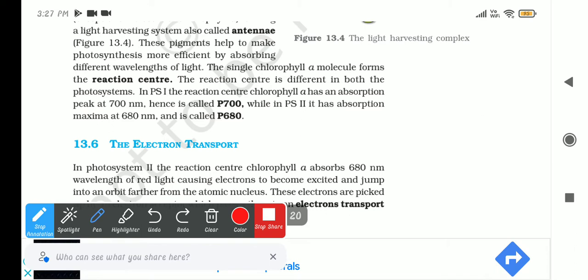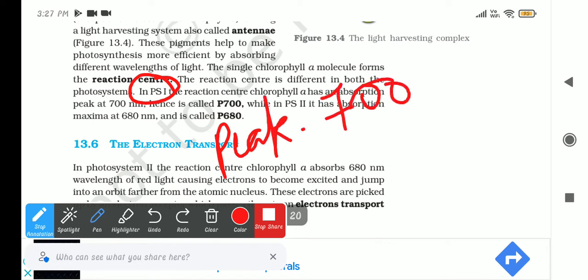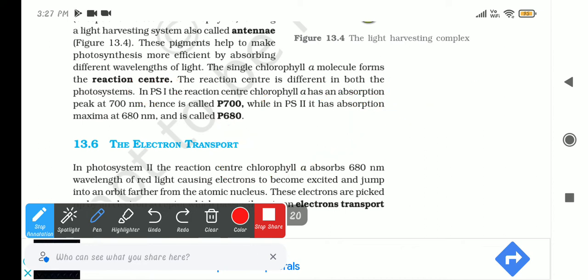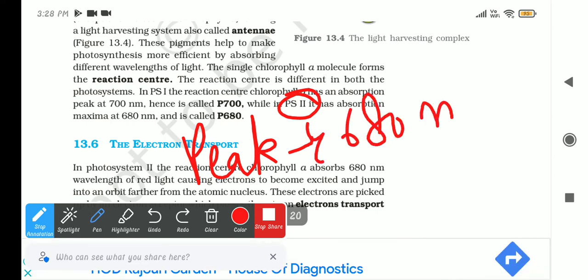The first photosystem, PS1, which acts later after PS2, has an absorption peak of 700 nanometers, and PS2, which acts first before PS1, has a peak of 680 nm.